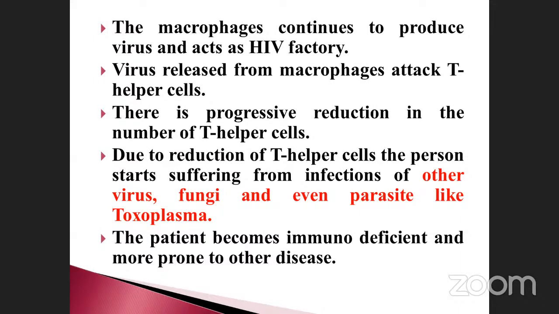So when it attacks, it will not produce T helper cells. There is a progressive reduction in the number of T helper cells.